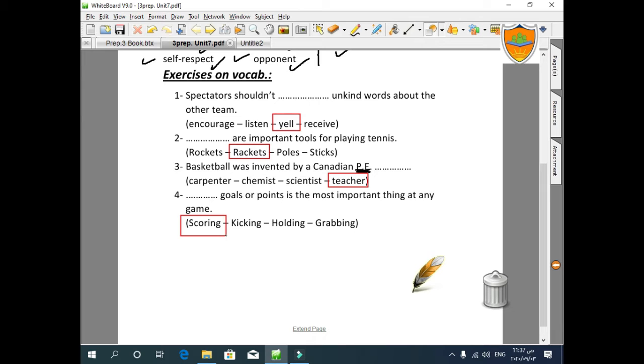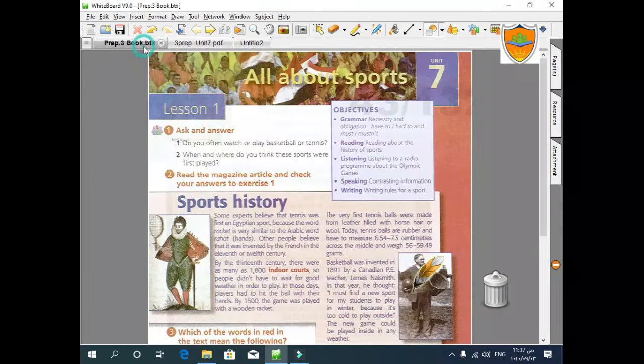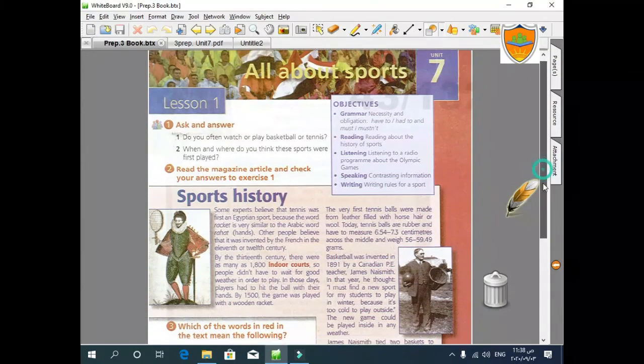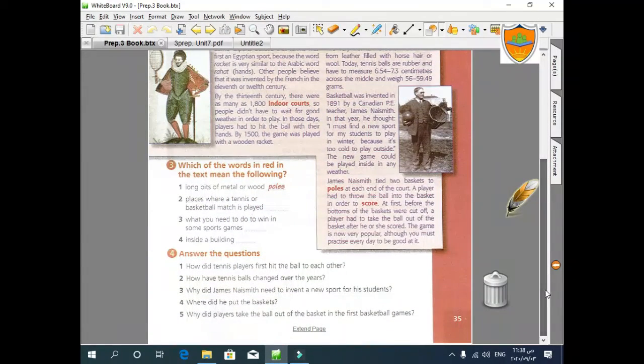Okay, let's move to our book. Before we read the text, we have here a small quiz to test your knowledge of this vocabulary. Number one is answered in exercise number 3. So number 2, places where a tennis or basketball match is played.